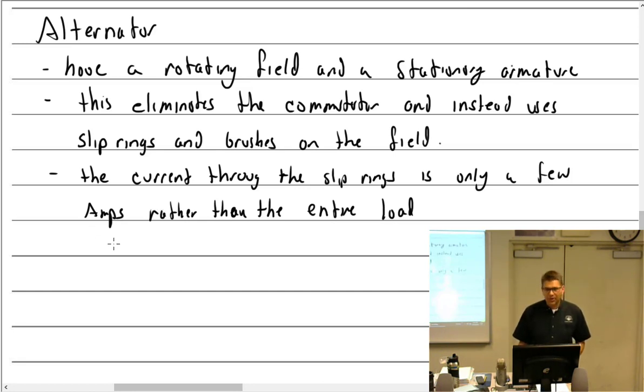So that means the brushes are going to last longer and there's no arcing. So brushes last longer. That's a big positive, right?